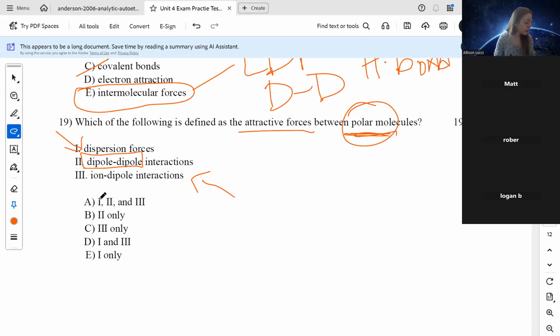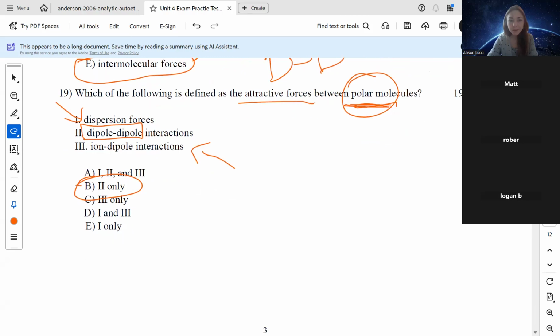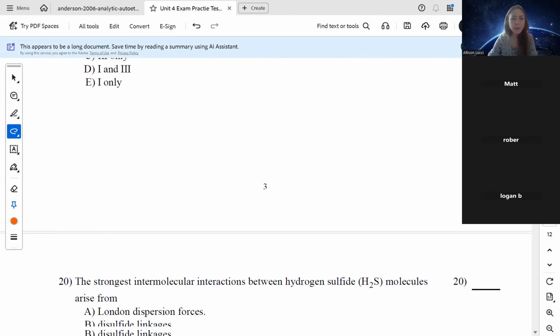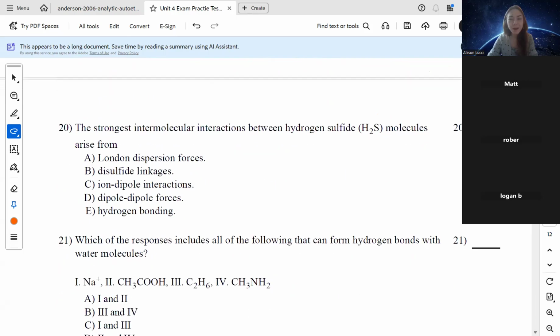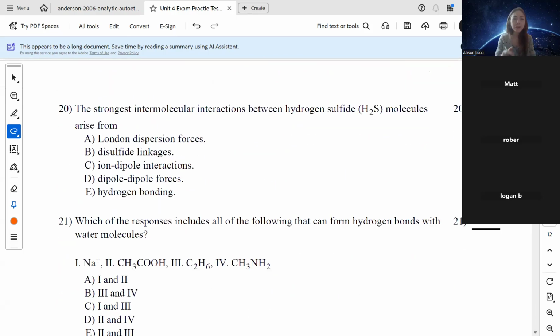So 3 would not apply. 2 is specific to our polar molecules, so that's why it's only number 2. All right, so just 3 main intermolecular forces to think about. The hydrogen bonding, remember, is a special case of that dipole-dipole interaction when we have an extreme dipole between hydrogen and oxygen, nitrogen, or fluorine.